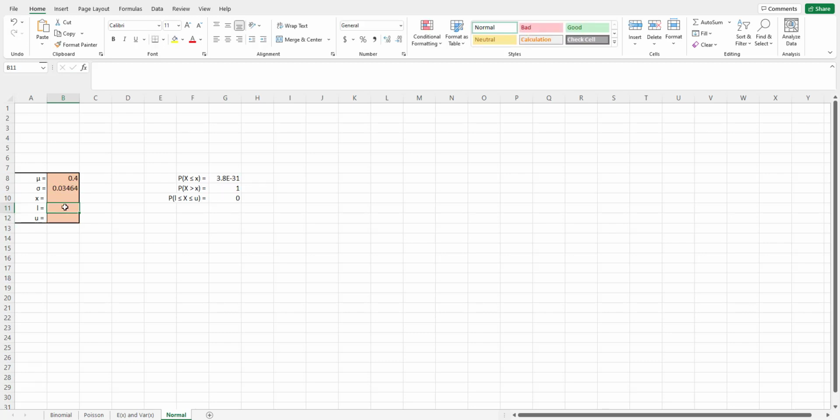So the lower bound is 0.4 and the upper bound is 0.45. We want this number here, and as you can see, I get 0.4255, and that's what we calculated before.